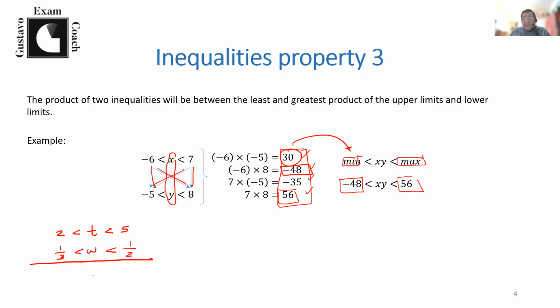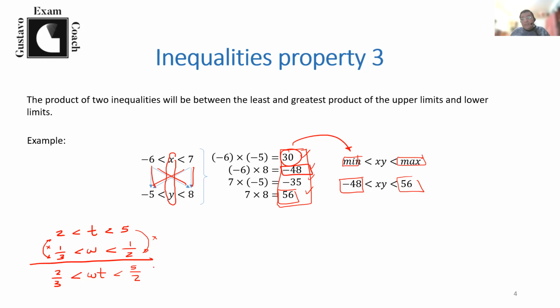Would it be enough to say that WT is greater than 2/3, the product of these two, and the upper limit is 5 times 1/2? Okay, take a look. 5 over 2 is 2.5, and 2/3 is less than 1.